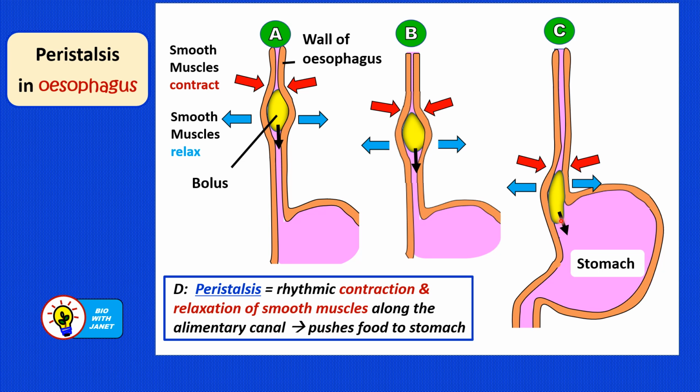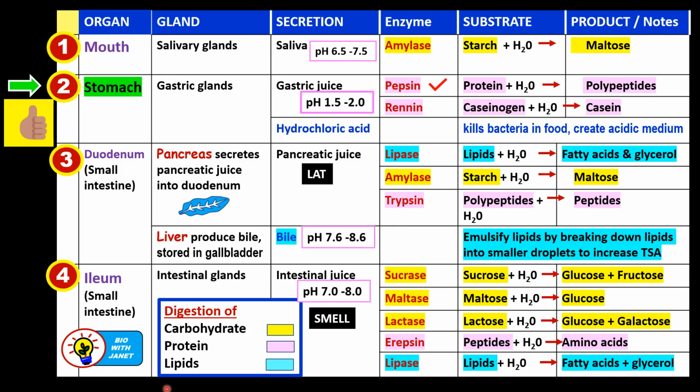Okay, and it occurs along the alimentary canal, even in the stomach and the small intestines, and also the large intestine. Peristalsis occurs to push the food through the alimentary canal.